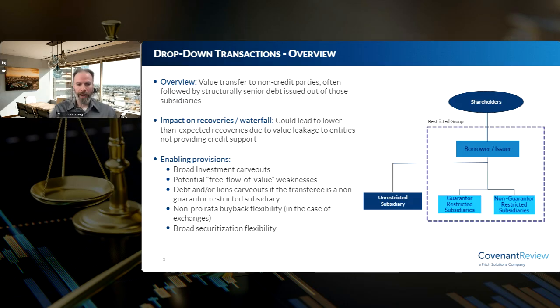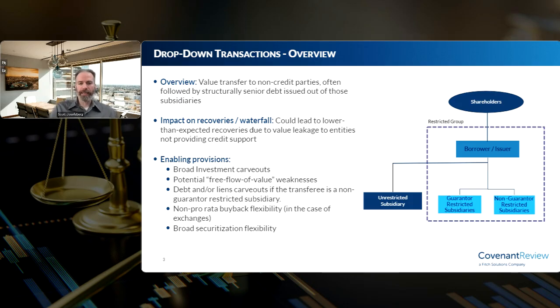Creditors can enforce directly against that box, and that direct debt claim must be satisfied before any residual equity value can flow up from that non-guarantor to the borrower in order to satisfy any debt claims against the borrower or the issuer. Because those creditors have a direct debt claim against the non-guarantor entity, we say that debt is structurally senior.